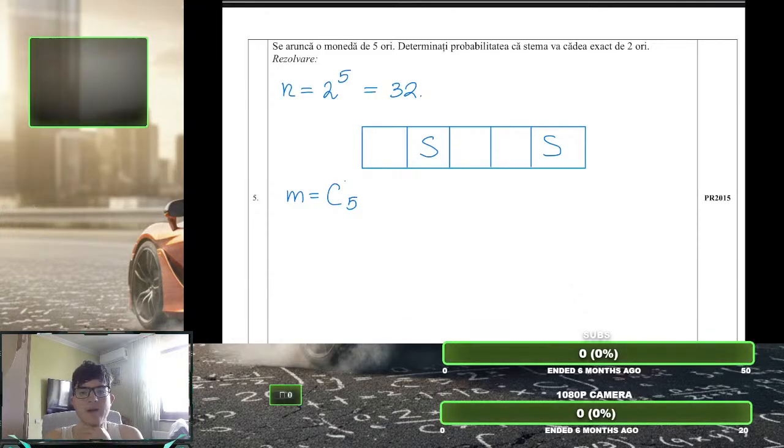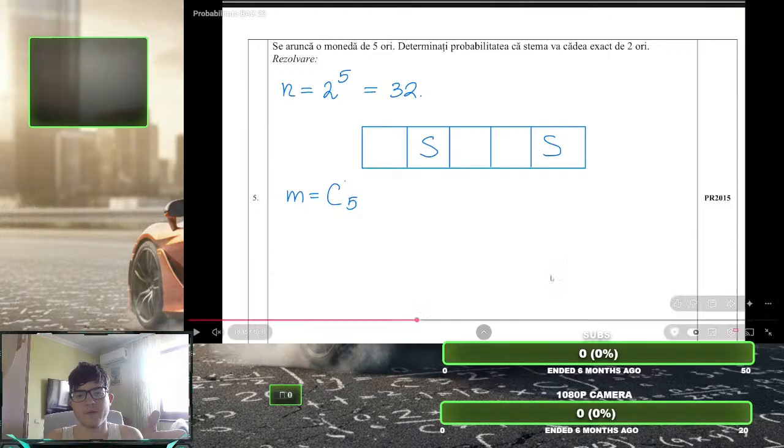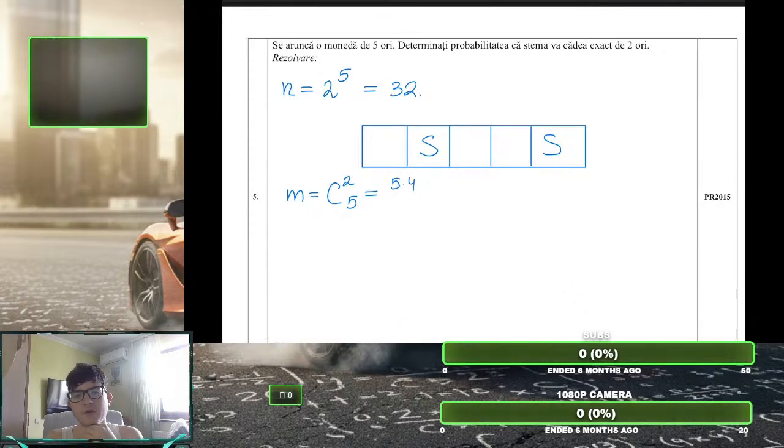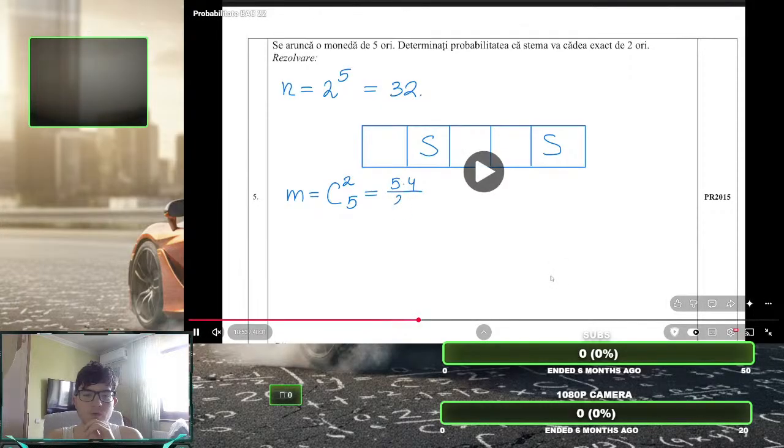So C5 of 2 because it's from 5 times, 5 slots, and 2 need to be with heads. And the rest of them, it's C5 of 3 or what? Or just C5 of 2? Whatever. 5 times 4, and below we have 2.